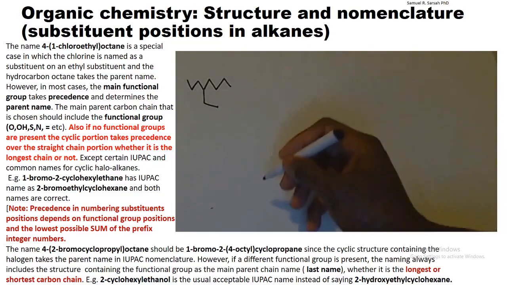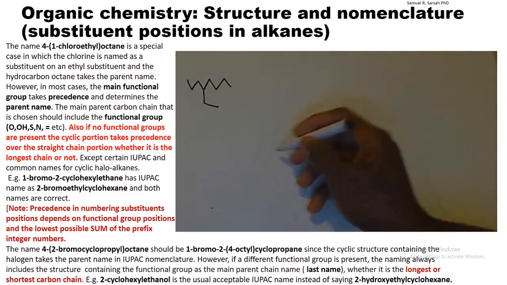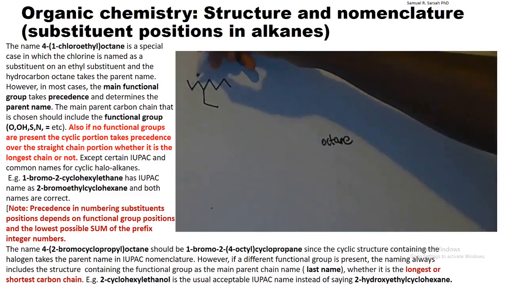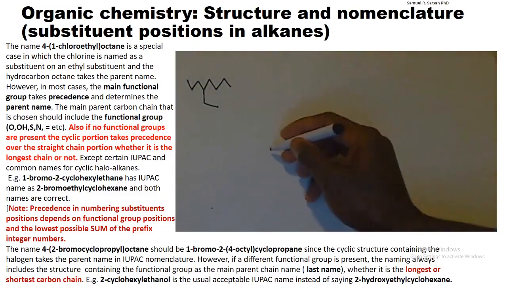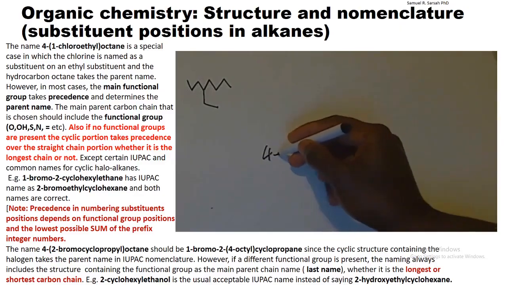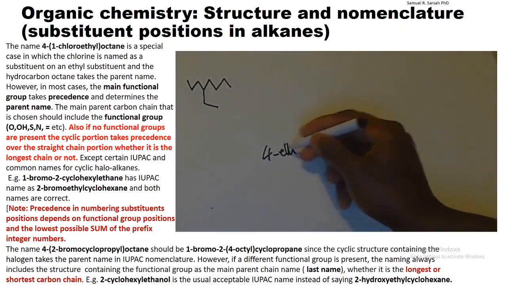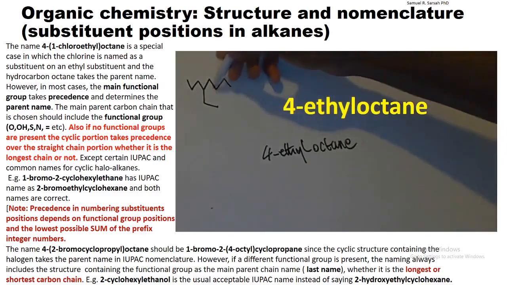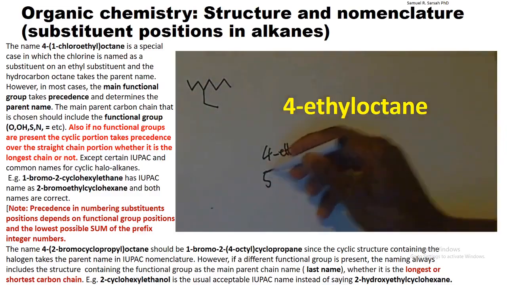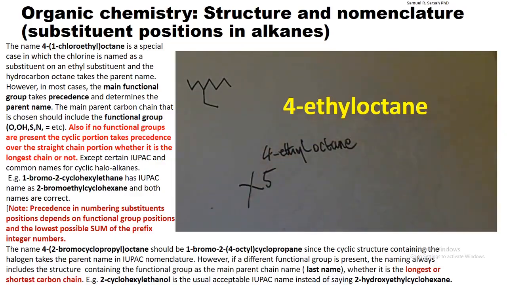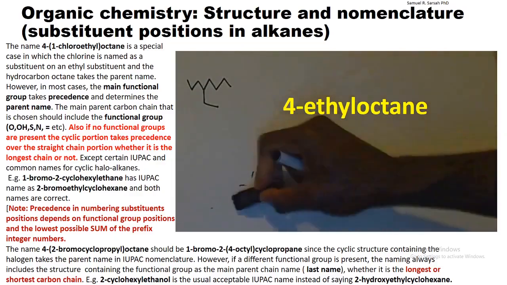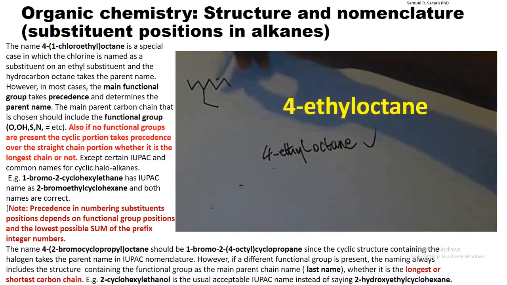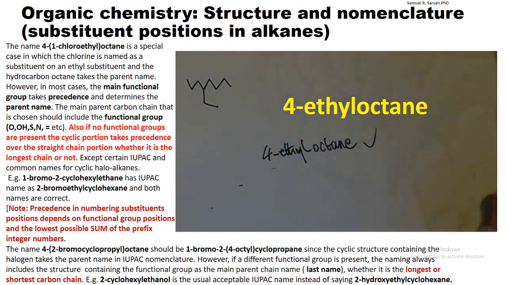So this is from here 1, 2, 3, 4. So it's 4. If you start from here 1, 2, 3, 4, 5, you'll get 5 instead, and we don't want this. So this is what we want, so you get the smallest number as possible.